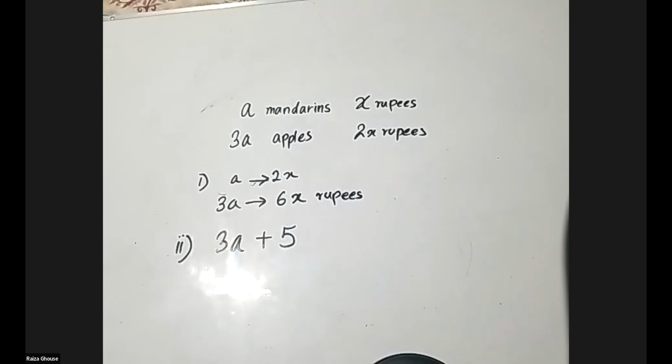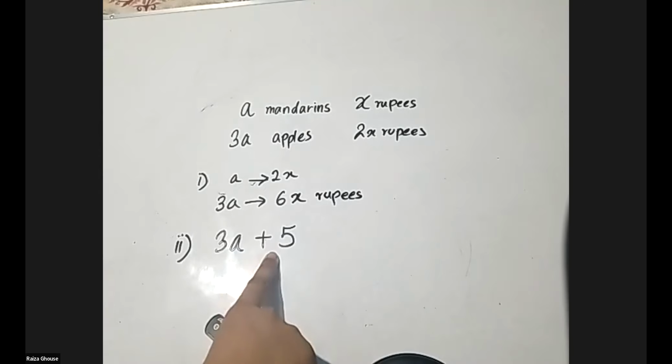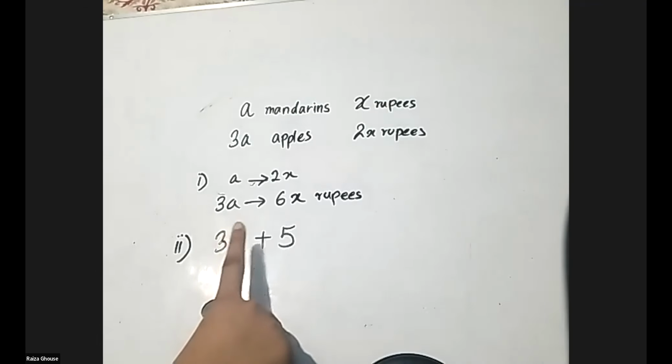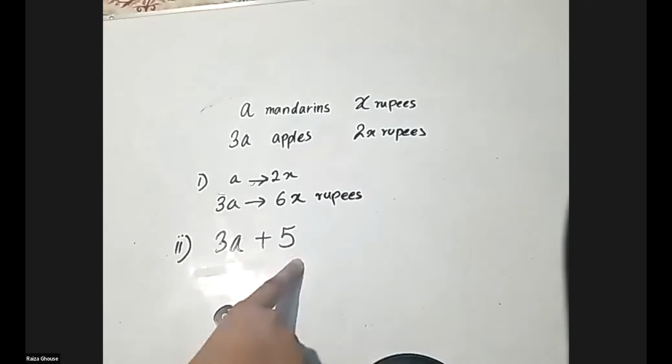Very good. It's just 5 because he said 5 fruits. So this is the new number of apples he buys in terms of A. If he buys 3A apples and another 5 fruits, this is the expression.